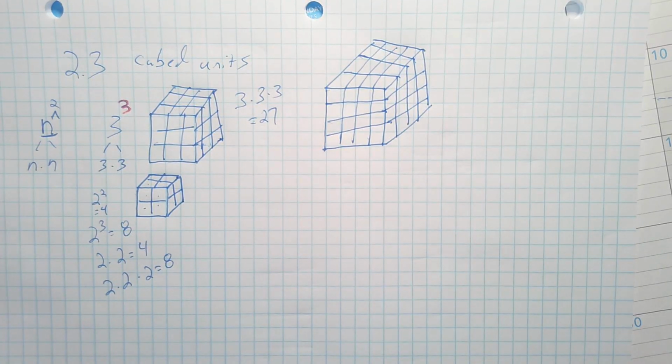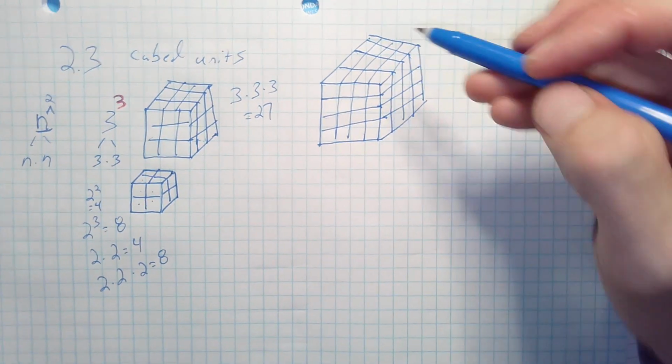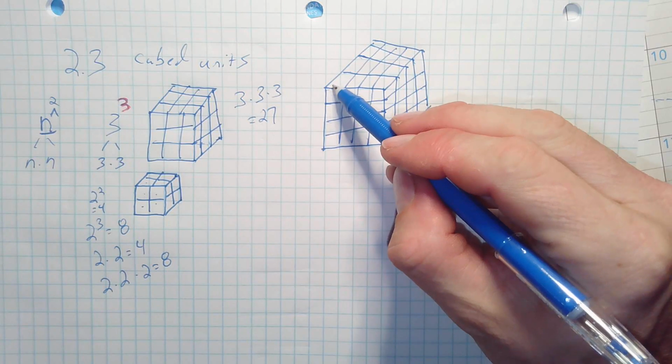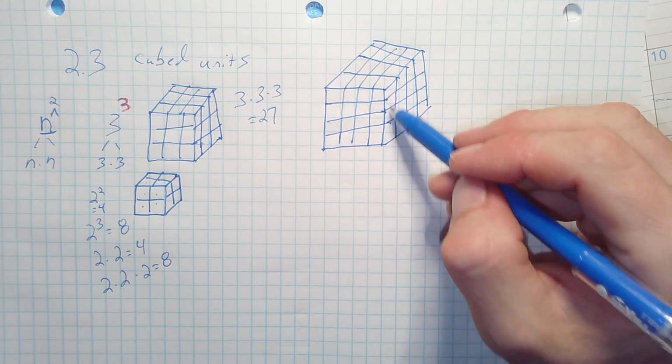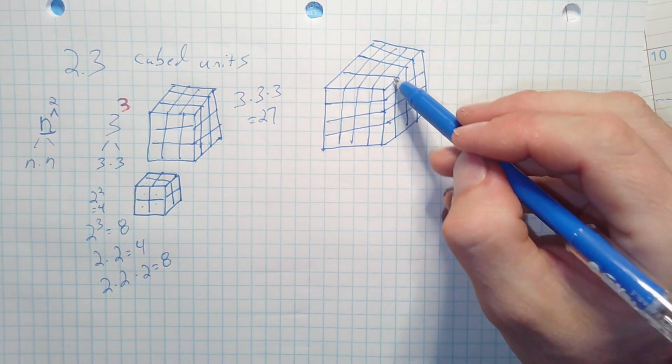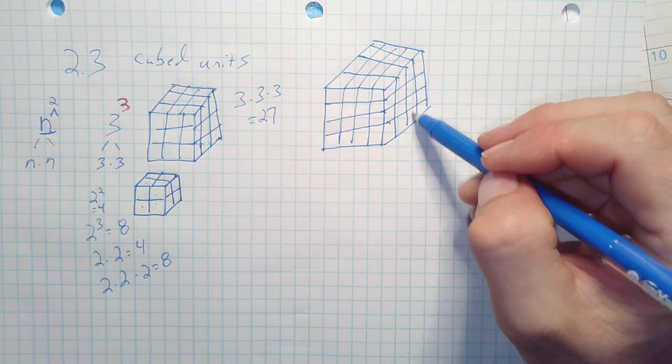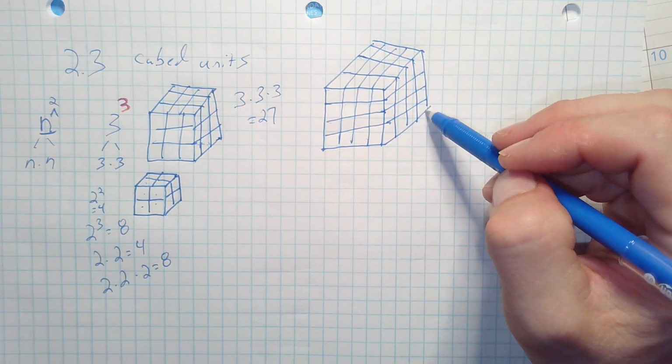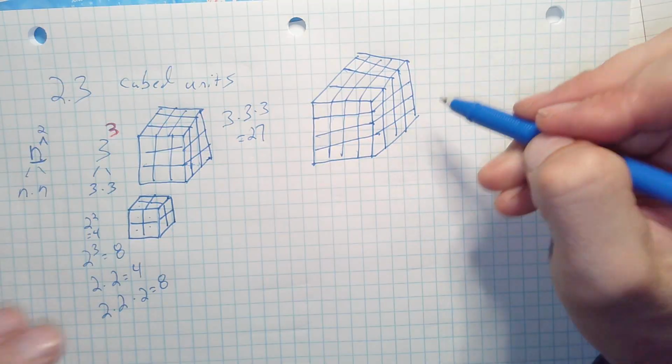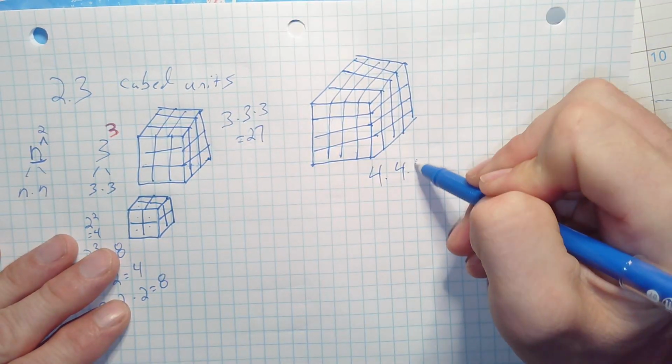So now this first slice is 16, the second slice is 16, the third slice is 16, and the fourth slice is 16.